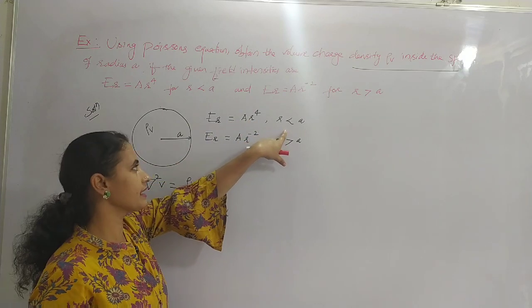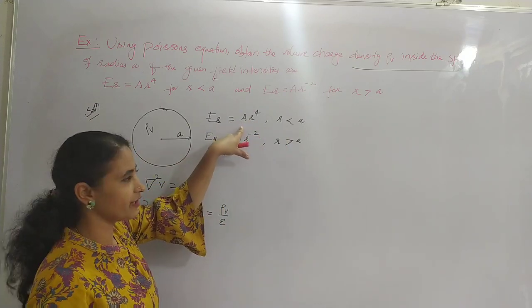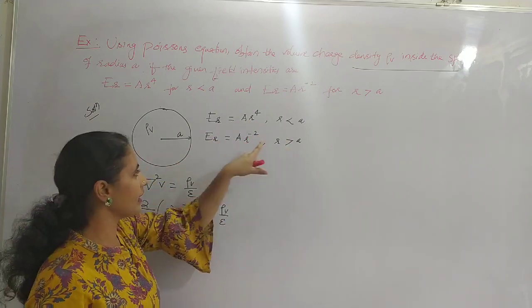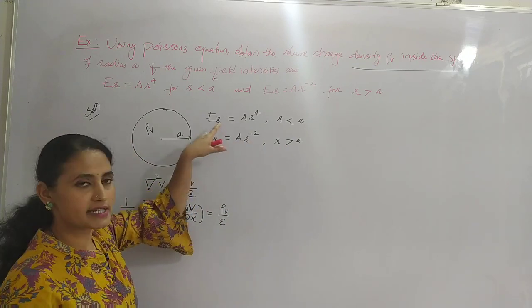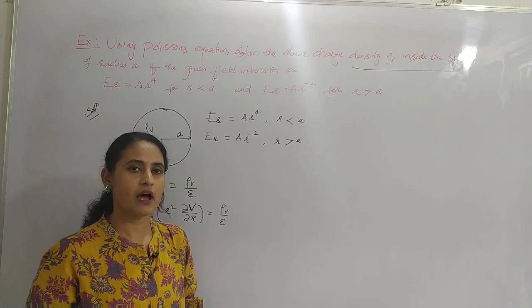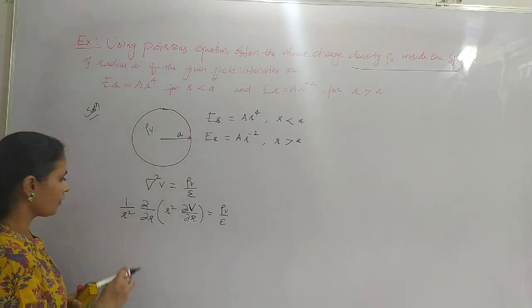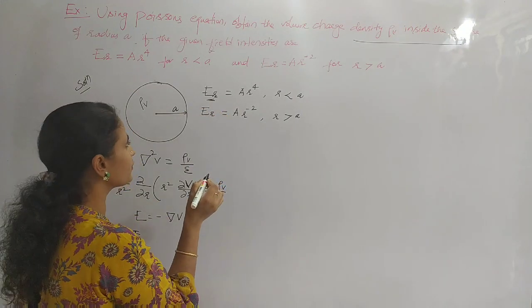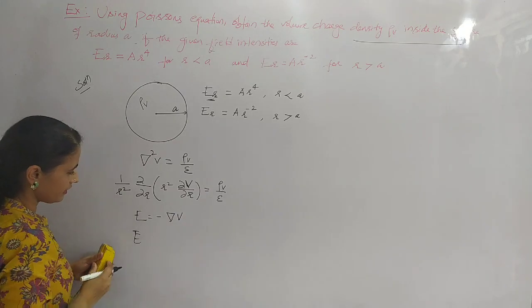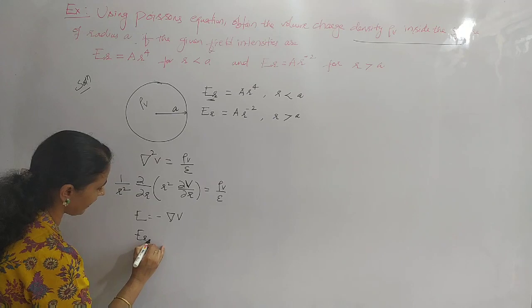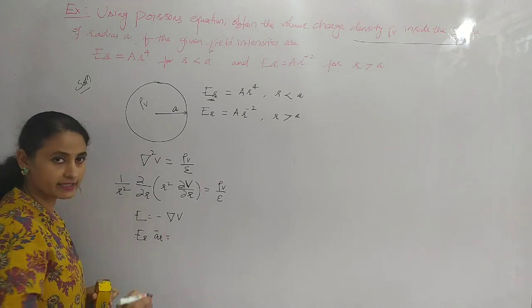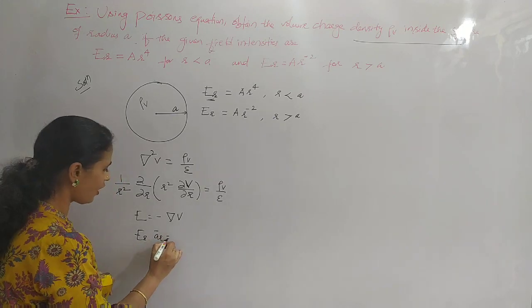For r less than A, this is the electric field, and for r greater than A, this is the electric field. We will see whether the volume charge density is the same in both cases or different. The electric field E is given as the magnitude and its unit vector, in the direction along the radius.